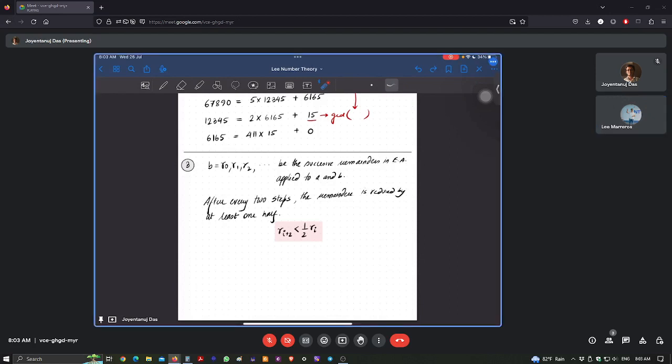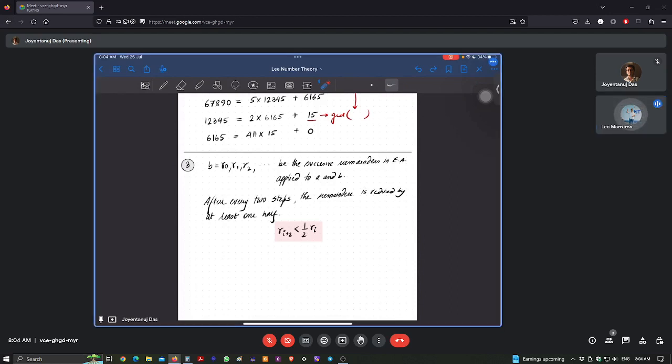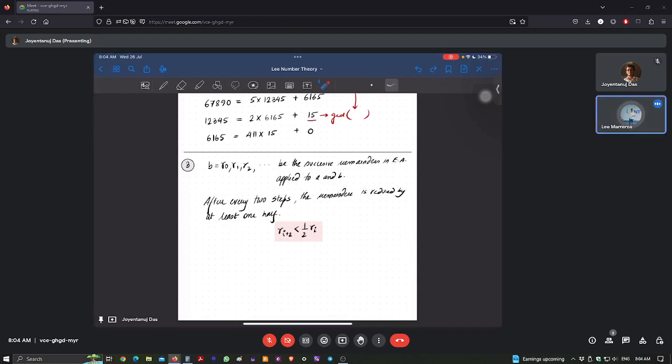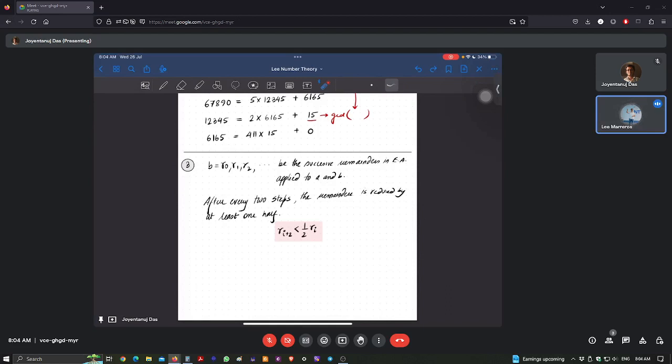Or maybe we can start from the conclusion: if we already have Ri plus 2, can we go from Ri plus 2 to Ri on the left, and then find out whether that is less than Ri over 2?